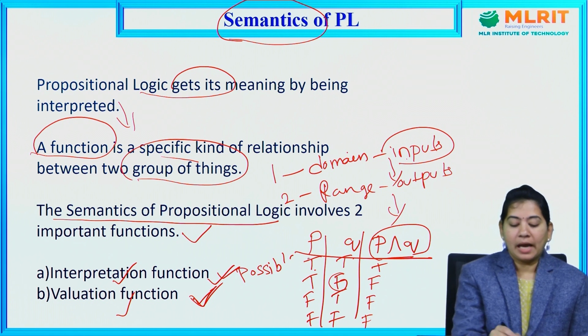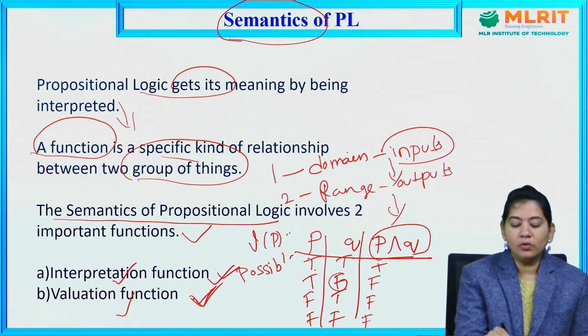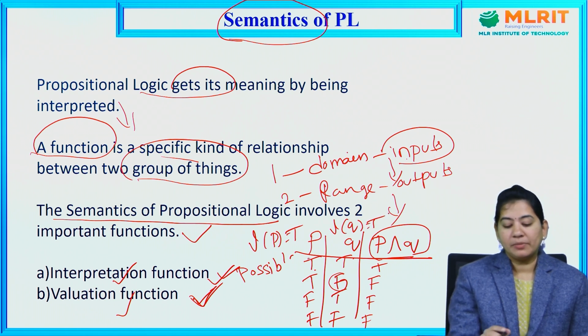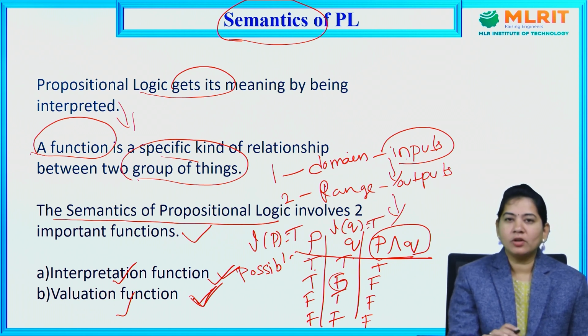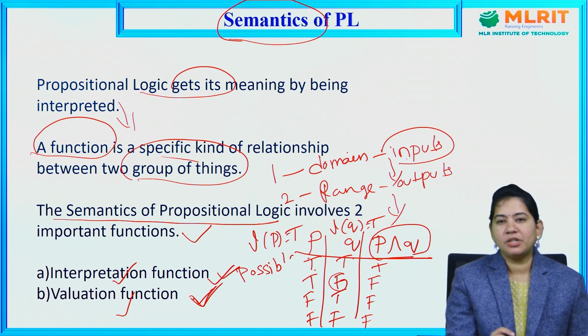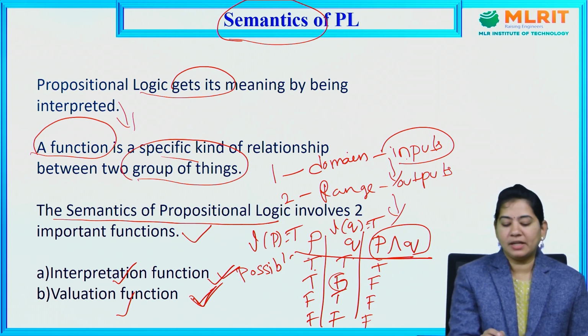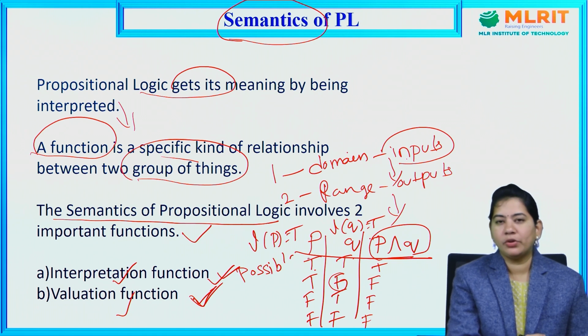Here I of P is equal to true, I of Q is equal to true. Only for the propositional letters it assigns the truth values.